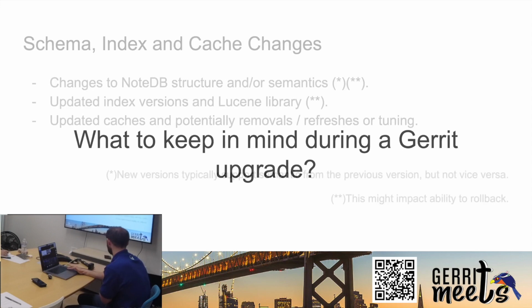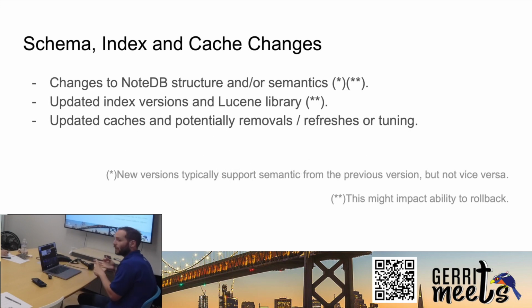This applies to everything. So schema, index, and cache changes. If you're changing Gerrit version, the chances are the NoteDB structure has changed, either the structure or the semantics of it. If the structure has changed, the release manager should have written something in the release notes to let you know that this has changed and it's something you should look out for.